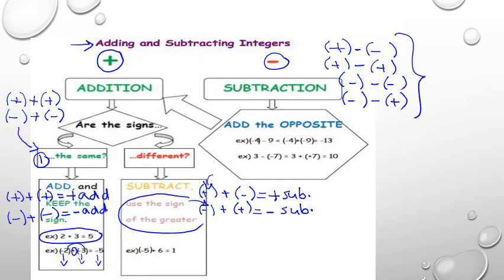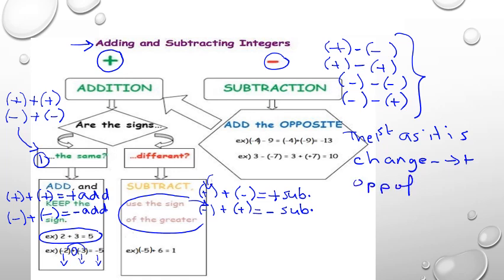In all these cases, we have to add the opposite, which means that the first number stays as it is, change minus into plus, and we find the opposite of the second number. And here we also return back to addition and we apply the rules of addition.